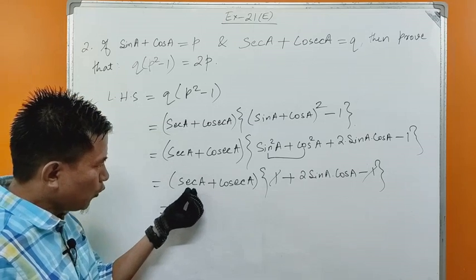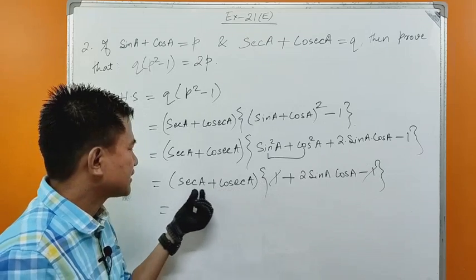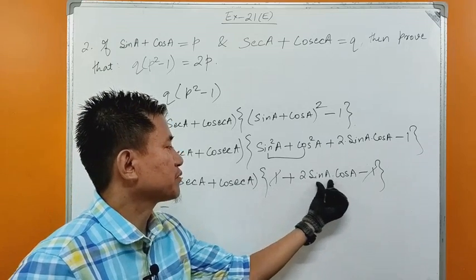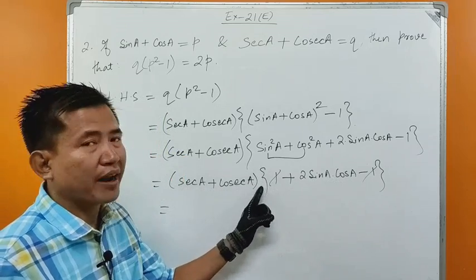Now we have sec A plus cosec A, bracket means into, sec A plus cosec A into 2 sin A cos A, isn't it? We must multiply this 2 sin A cos A with sec A plus cosec A, because we have bracket sign.